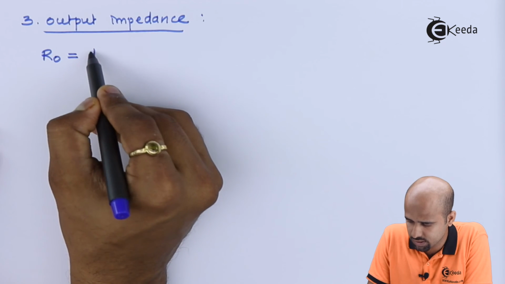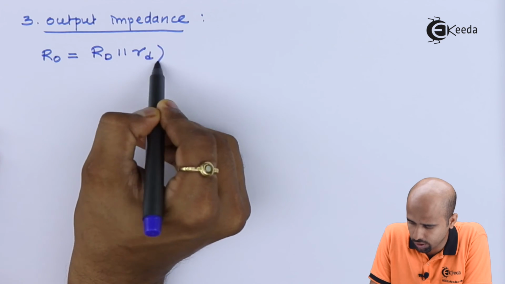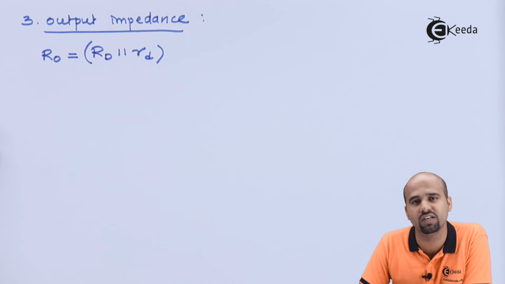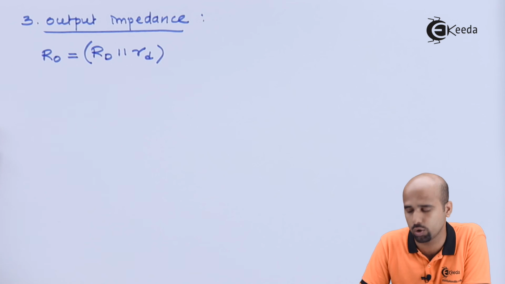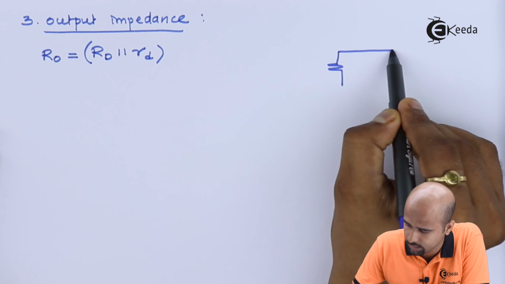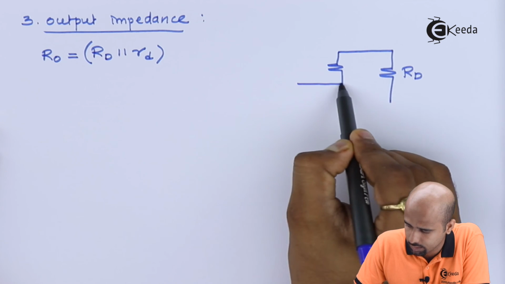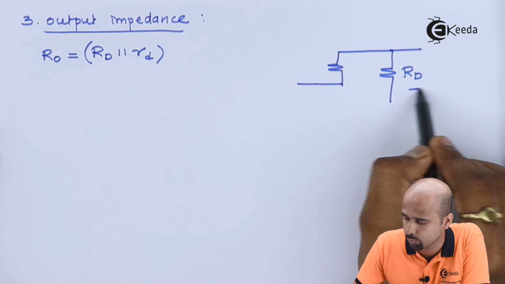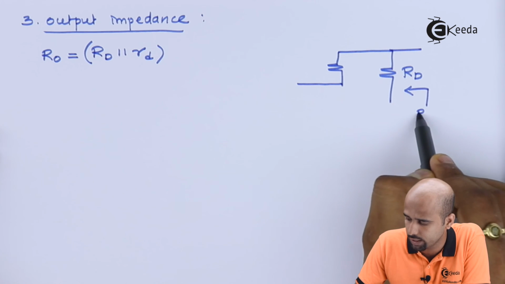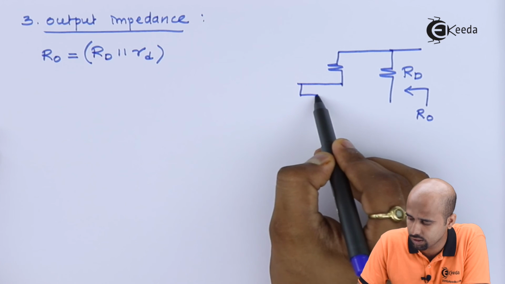This output impedance is also capital RD parallel to small rd. To find out the value of output resistance, that is RO, we do short circuit at the input side.